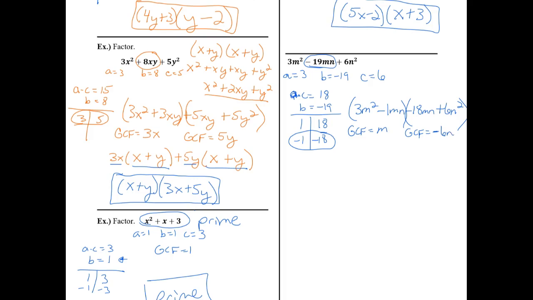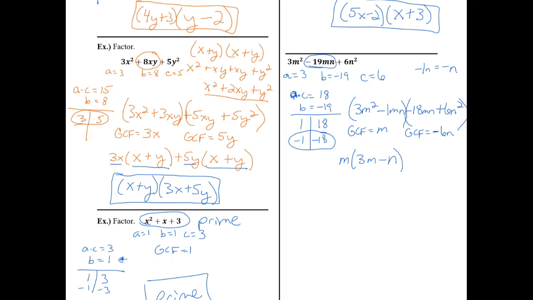All right, I continue on. I have my GCF times, divide it out. 3m squared divided by m is 3m. Negative 1mn divided by m is negative 1n. In this case, I'm just going to write negative n. Right, so negative 1n is the same thing as negative n.